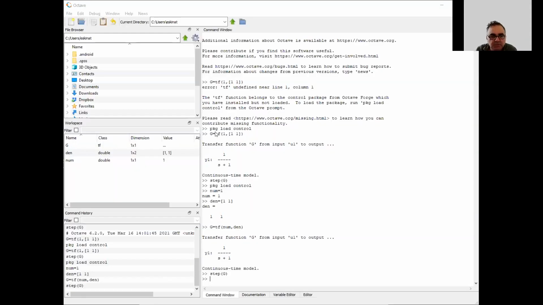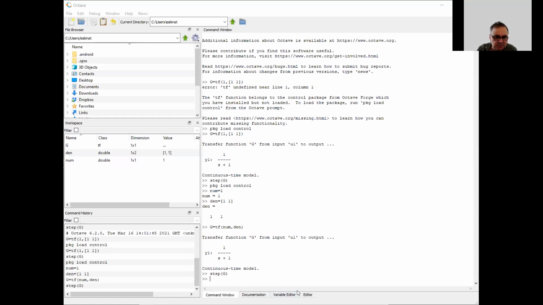So we go to Octave again. We load the control package by pkg load control. Then you enter the transfer function by entering the numerator and the denominator of the system. So your system is 1 over s plus 1. When you say step, you get the step response of the system.